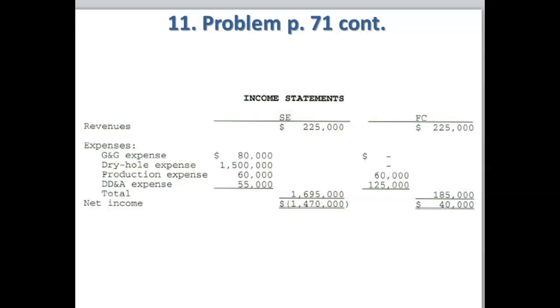You can see successful efforts is going to have higher expenses: G&G expense, dry hole expense, production expense, and the amount of DD&A, giving us a net loss of $1,470,000. Versus if we have the full cost, we're only going to expense production expenses and DD&A, and we would end up with income of $40,000.